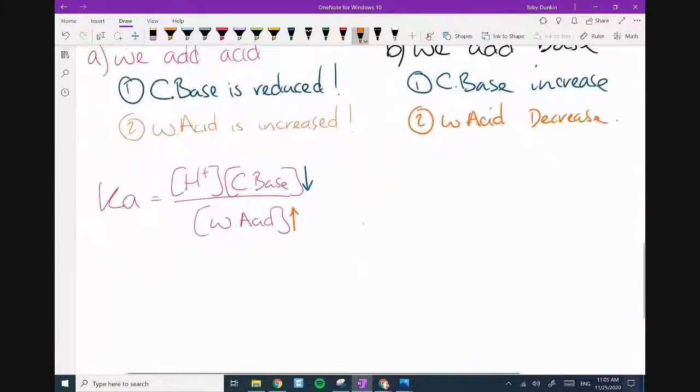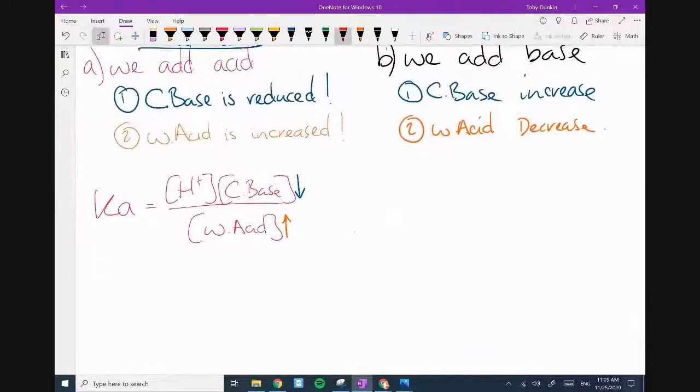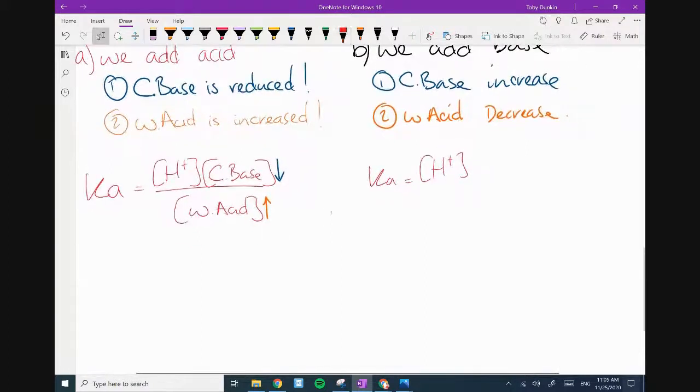Let's look at it from a roadmap perspective. Ka, H plus is pH. Remember, it's basically not there at all in a buffer because the equilibrium is constantly absorbing it. There's loads of conjugate base, remember. And then we've got the salt. Linking all these things together is so important, and understanding what each one of them is doing.